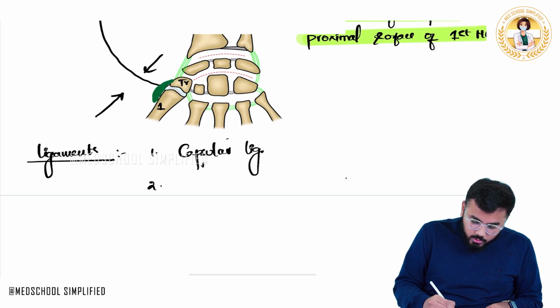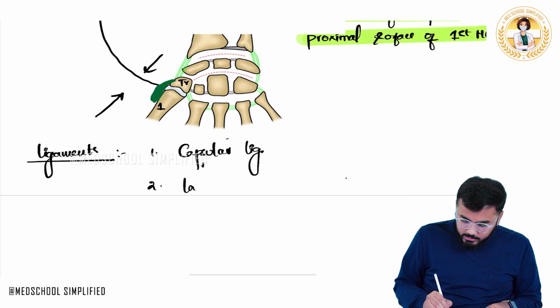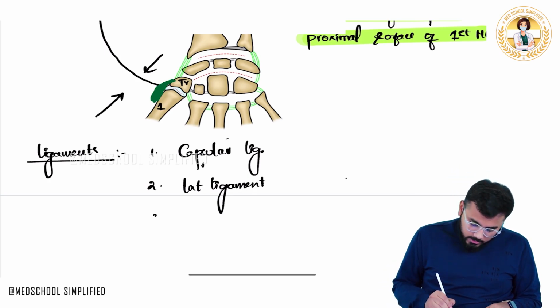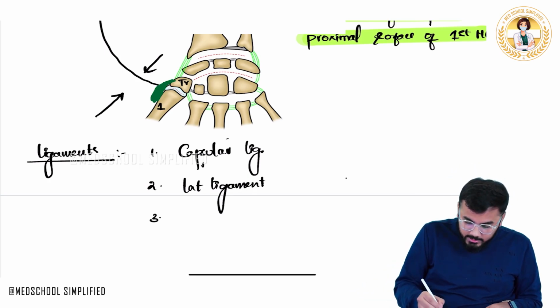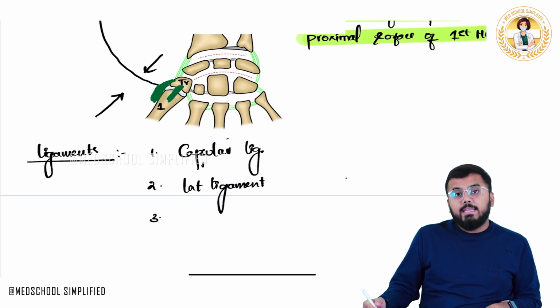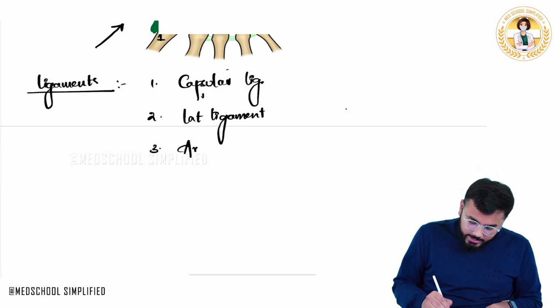So this ligament is called as lateral ligament. Third important thing is that if you look at the ligament in the center like this, it is called as anterior ligament because it is on the anterior side, right?